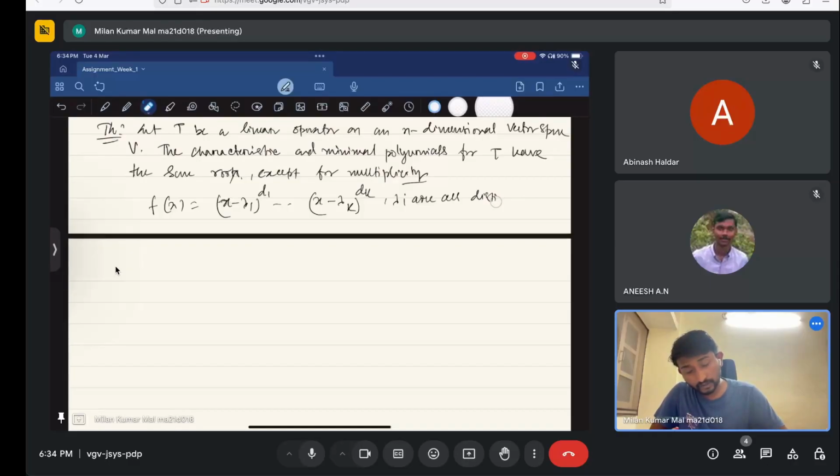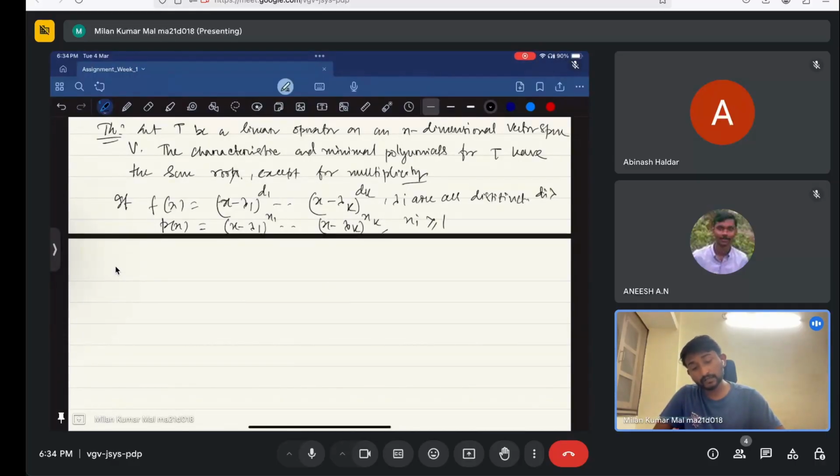Then the minimal polynomial p(x) must also have the same roots. Suppose it is (x minus lambda 1) to the power n1 up to (x minus lambda k) to the power nk, where each n_i should be greater than or equal to 1.